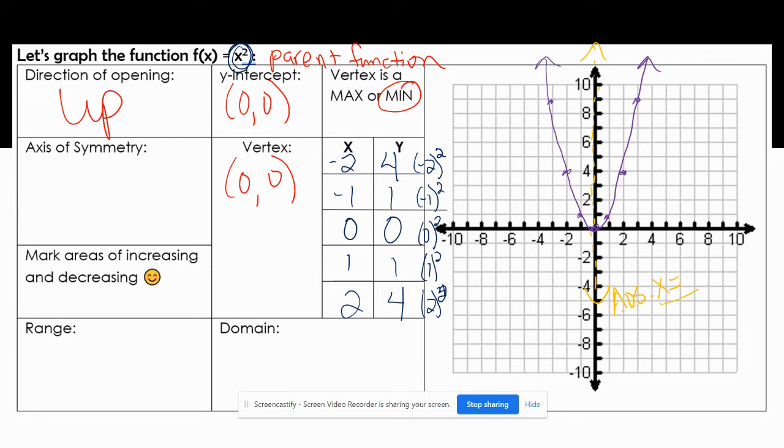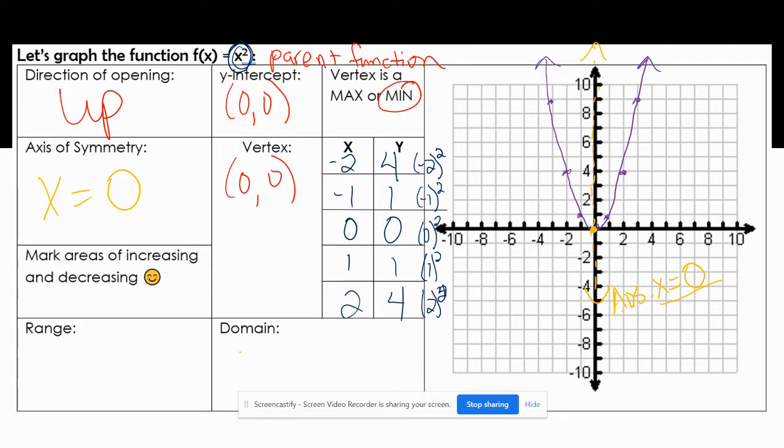And the equation is always going to be x equals, and then this x value right here is 0. So our axis of symmetry is x equals 0. If we fold on this dotted line that I drew in, our purple parabola here, this +3, 9 will fold over right there onto the -3, 9. Those points will match exactly.